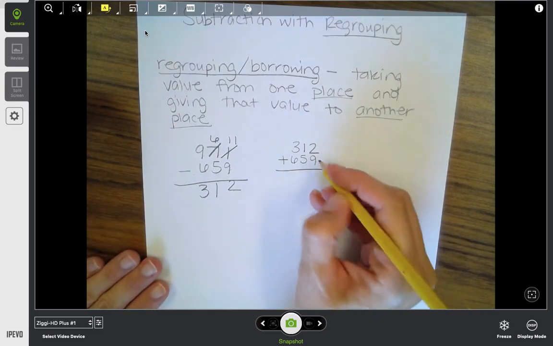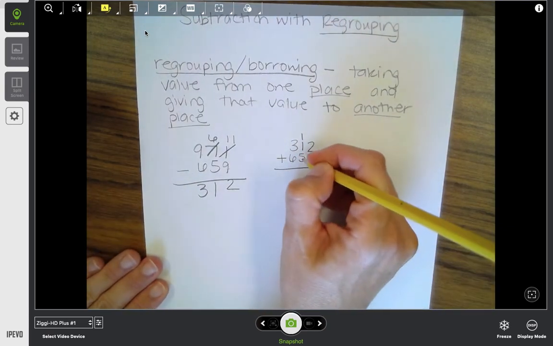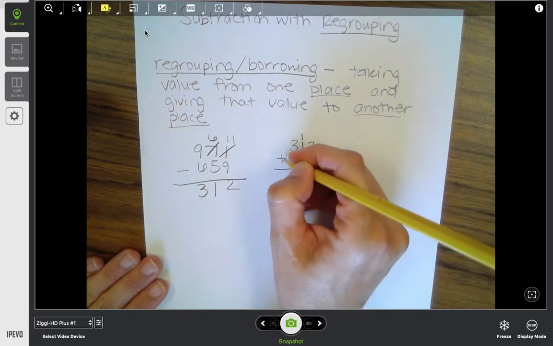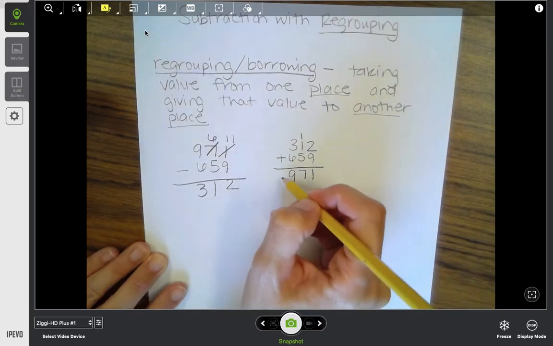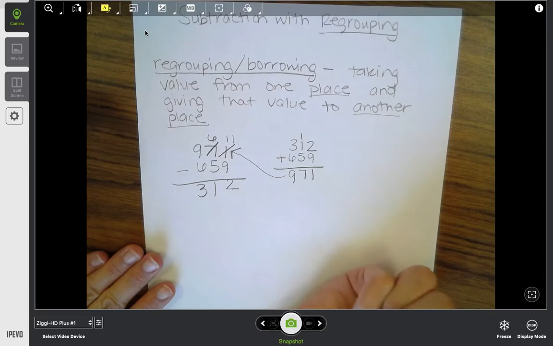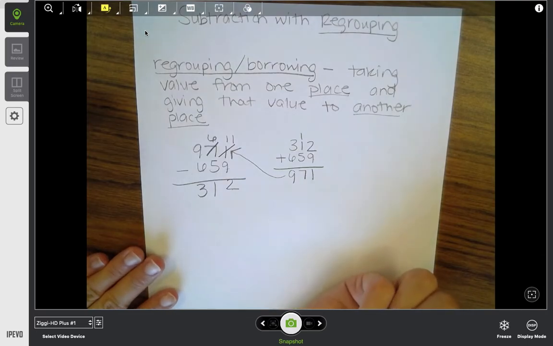So 9 plus 2 is 11. 5 plus 1 is 6, plus 1 is 7, and 6 plus 3 is 9. The answer here equaled this addend. So that's an easy way to check to make sure you didn't make any careless mistakes.